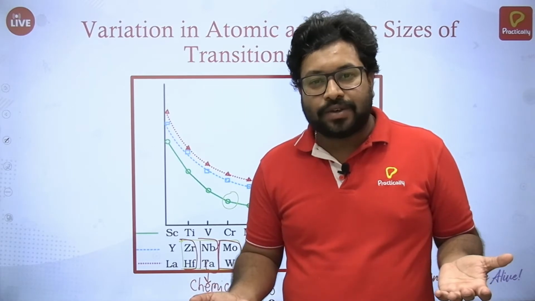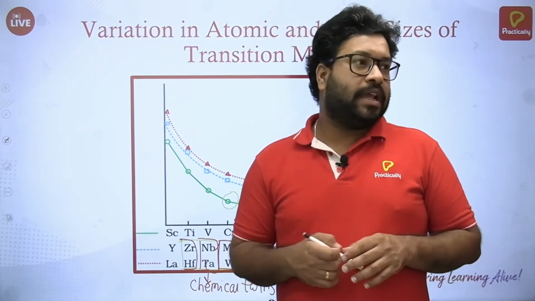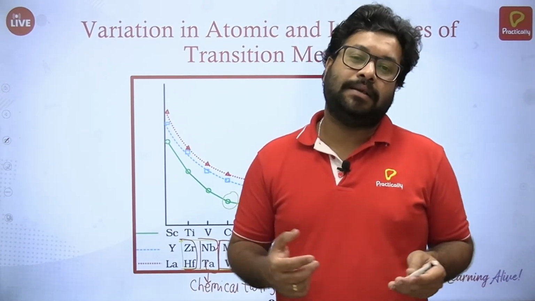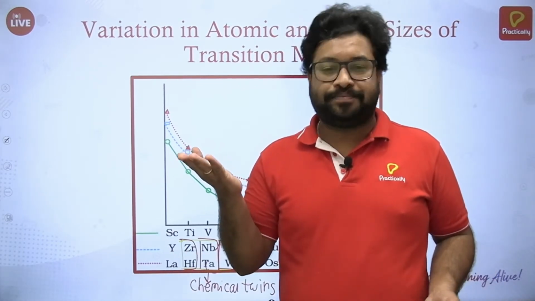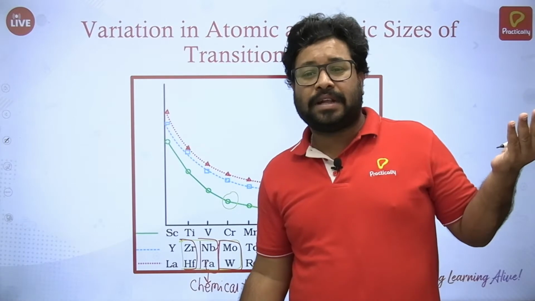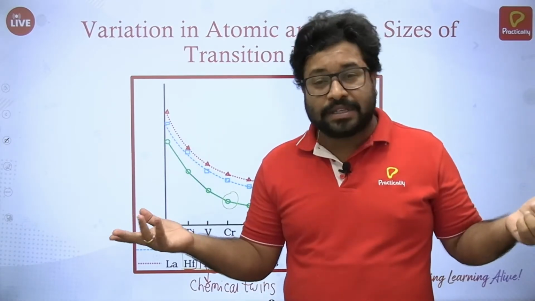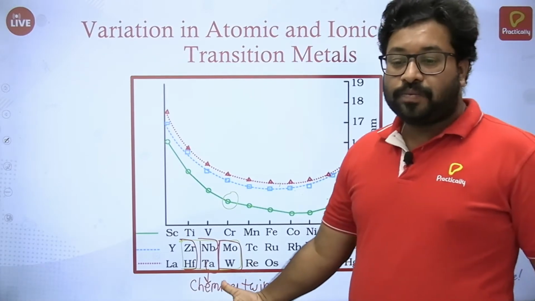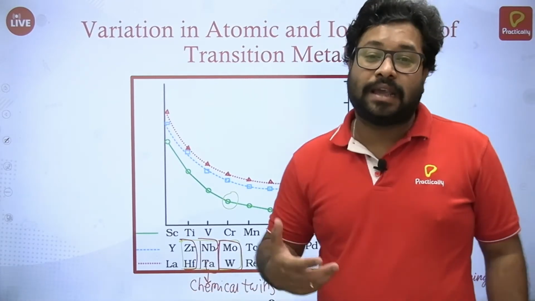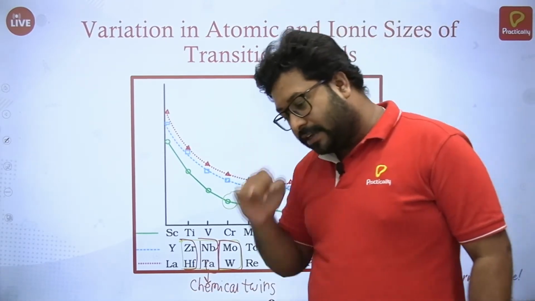So what does that do? See, in chemistry, most of the properties are decided by size only. So when the size is the same, ionization enthalpy becomes the same, electron gain enthalpy becomes the same, chemical property becomes the same. So all those become the same. And that is why these three pairs are called chemical twins. And the sole reason for that is lanthanide contraction.